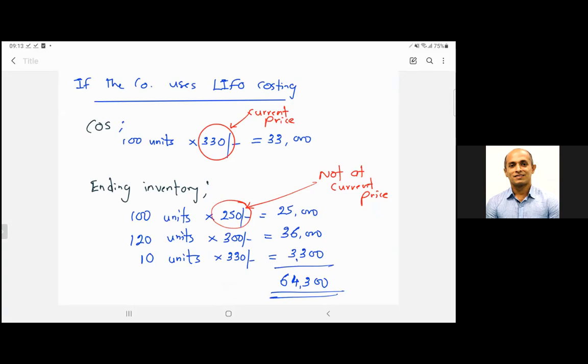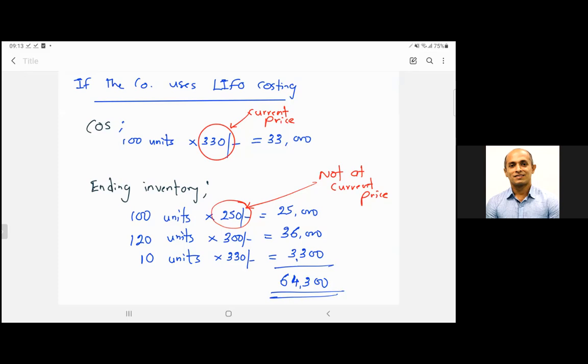The current year price is between 300 and 330. On average, you can say 315.